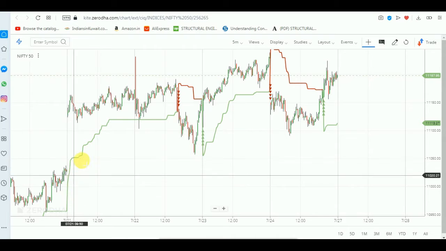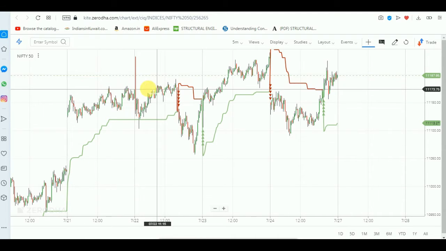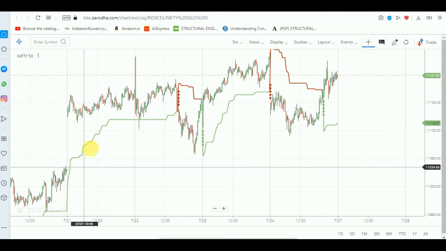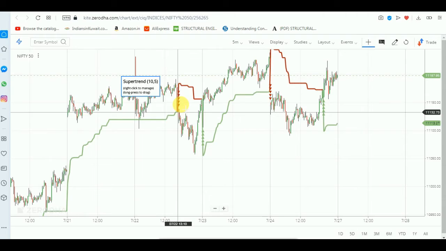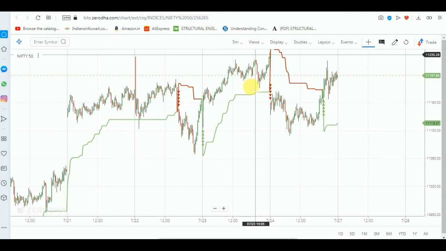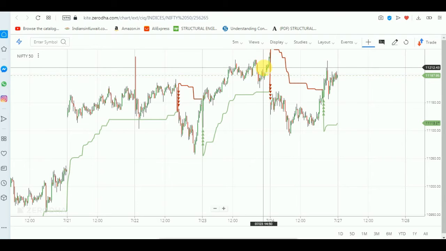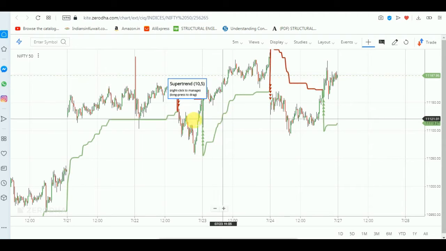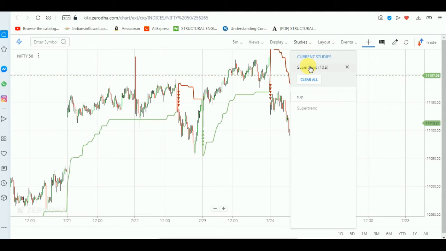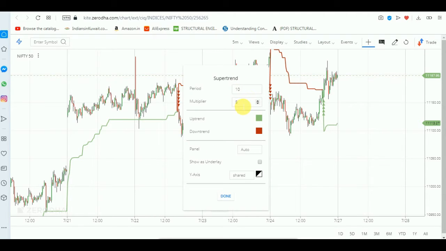Earlier the trend line was showing that the market is bearish, but now it is completely green, with a small red, then again completely green. Earlier I could see a small red and a green after that. So here you can see the major change, which means that the multiplier plays a major role in this particular indicator.